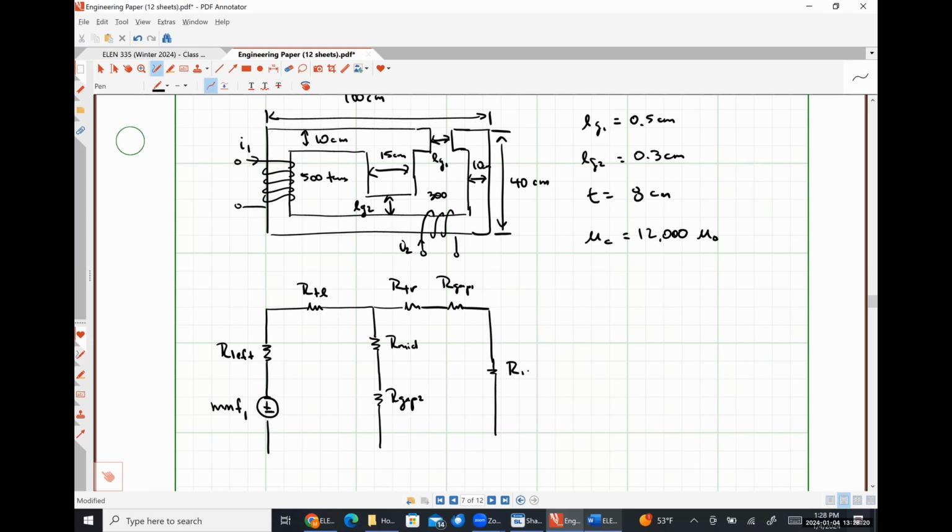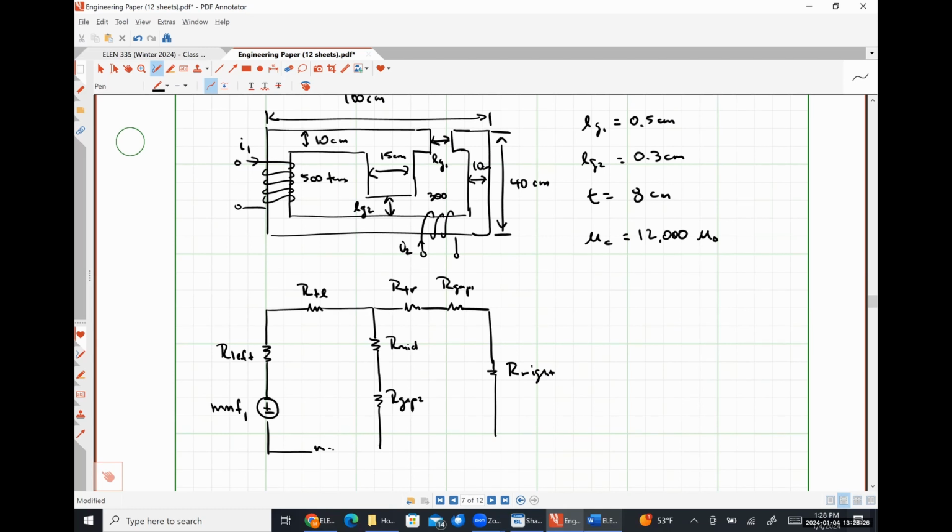Here's our right leg. Here's our bottom left. Here is our bottom right.